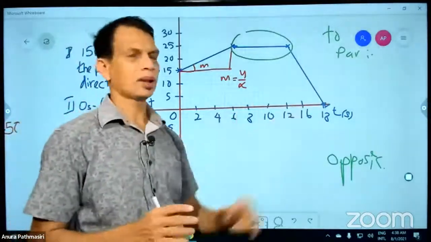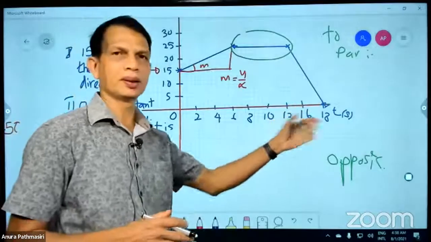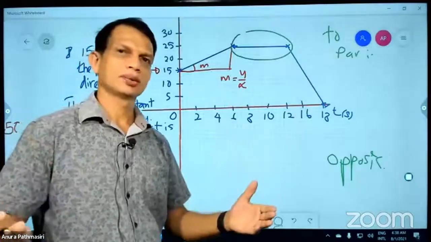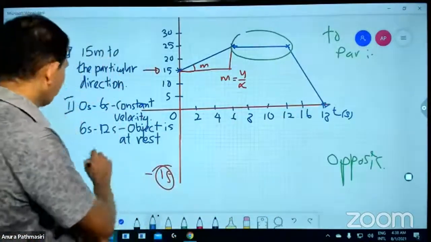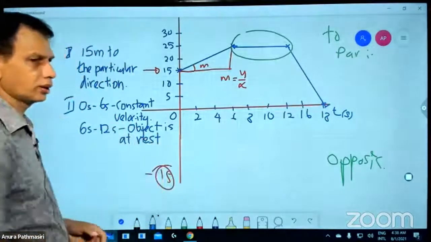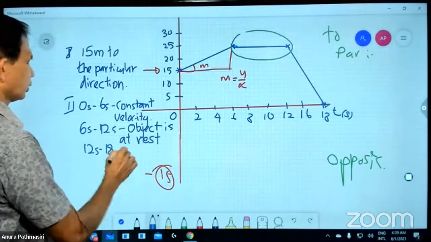Time is the independent variable here. It is independently changing. And my answer for the 12 second to 18 second.